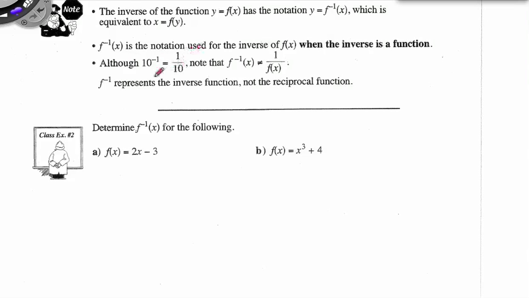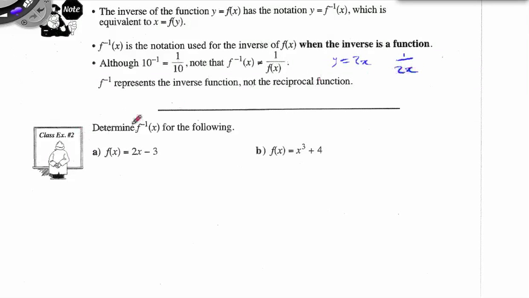And don't get confused, as it mentions here, with the reciprocal. This is not a reciprocal function, it's the inverse. So we know the reciprocal of 10 is 1 over 10. If y equals 2x, the reciprocal is 1 over 2x, but this is not the inverse.